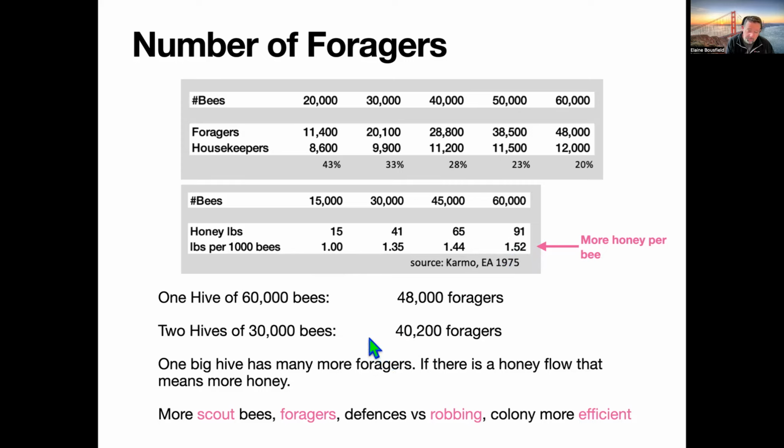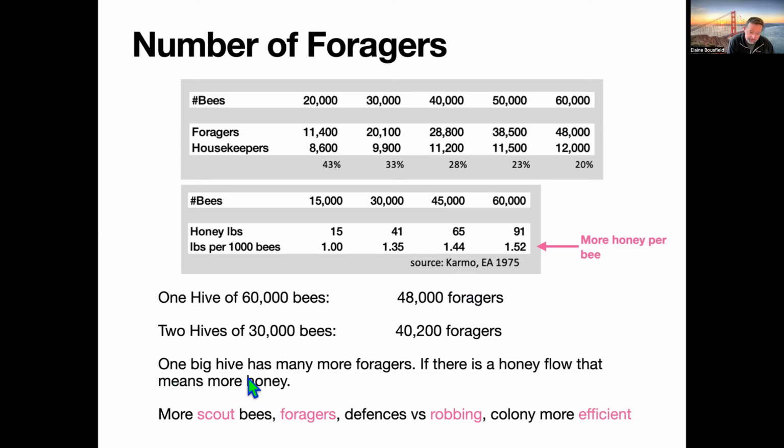And people often say, well, why is it that a large colony produces more honey than two small colonies? And you can see some of the reason here. This large colony, 60,000 bees, has got 48,000 foragers. Whereas if you took two hives of 30,000 bees, you've still got the same number of bees, but if you look at their 20,000 odd, times it by 2, you have not got anywhere near the number of foragers.